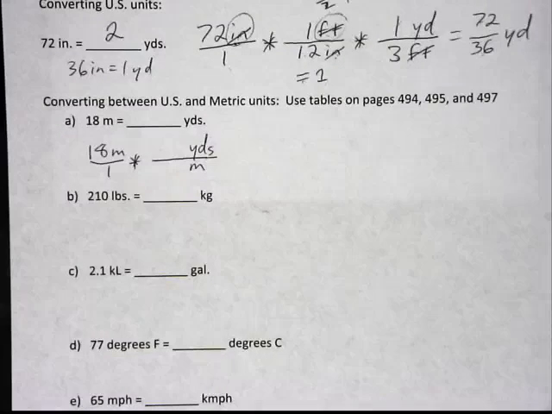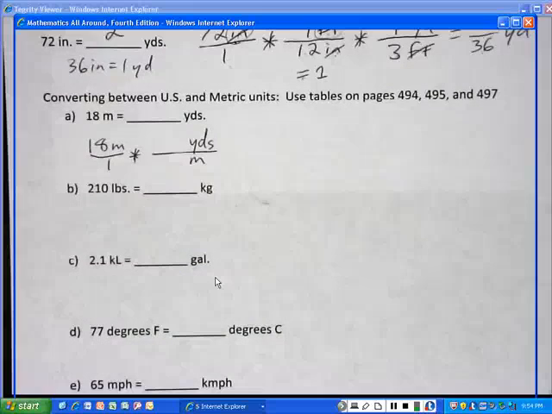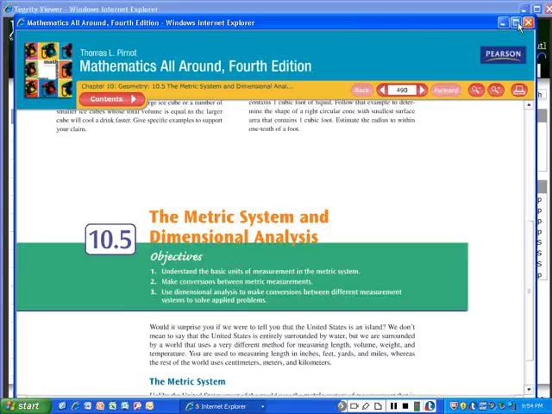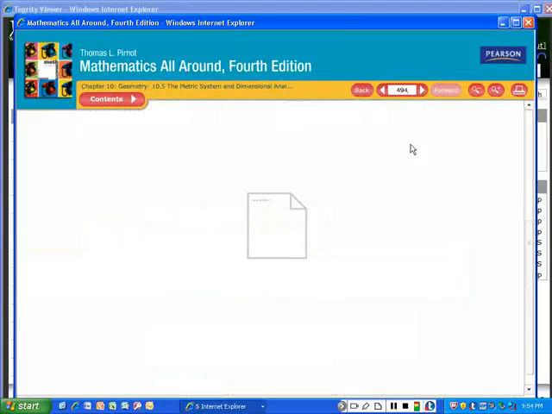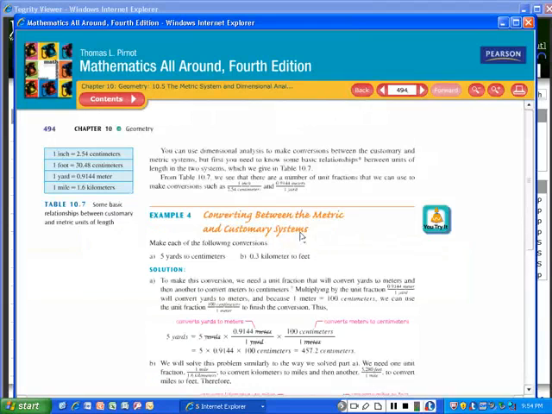Now what I need to know is what the relationship is between meters and yards. So to do that, I'm going to go to the book. So open up the book here. And I'm going to go to page 494. Notice I've listed the pages where these conversion factors are. And if I look in the upper left-hand corner up here, I see that 1 yard is equal to 0.9144 meters.